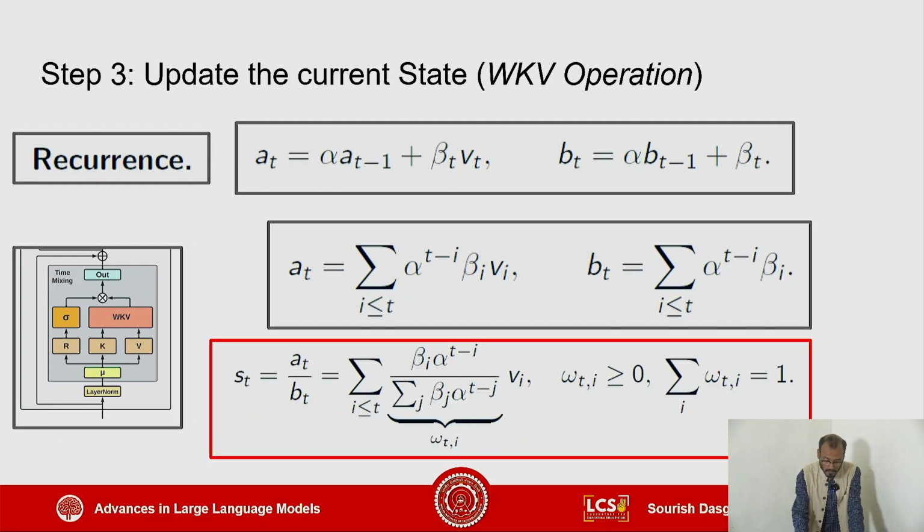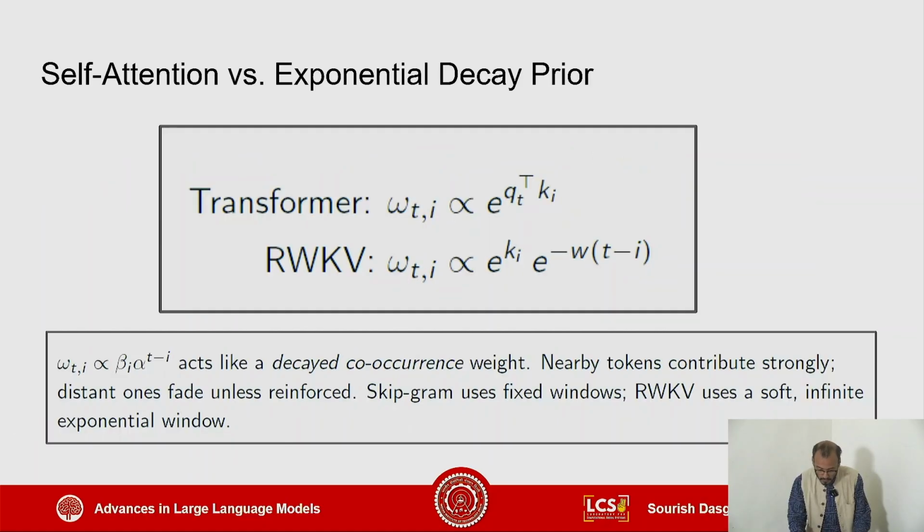If you want me to pause here for a while, what is the parallel and what it really means, you can think over it a while maybe. Okay, so it's like a decayed co-occurrence weight, co-occurrence in the skip-gram sense, right?